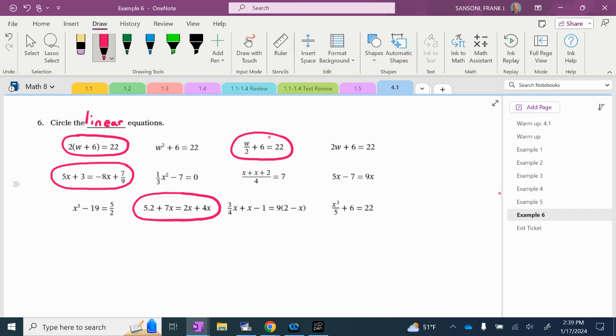What is it? It's 2x, right? So that's still linear. Bottom of column 3, linear or nonlinear? I hear both. Anything other than x to the 1st? No, I don't see any exponents, so that's linear.